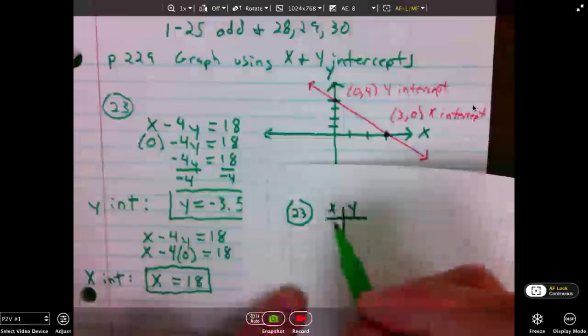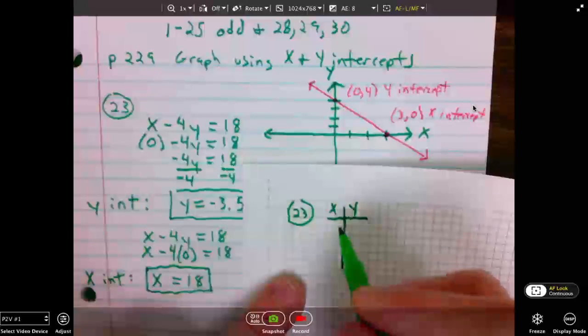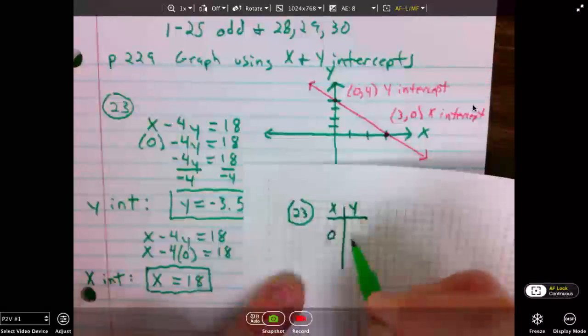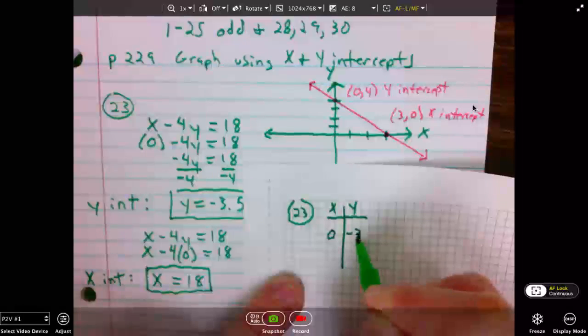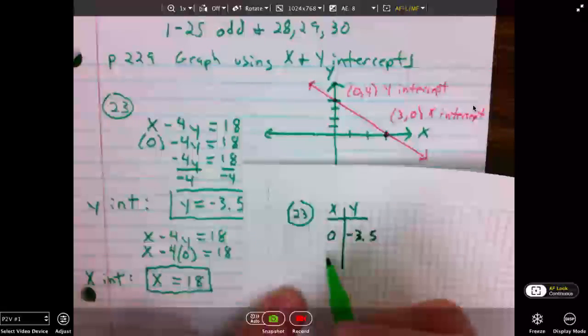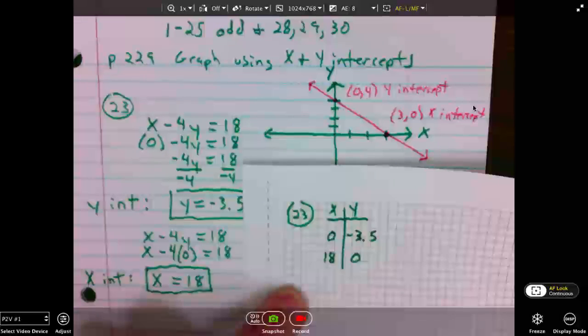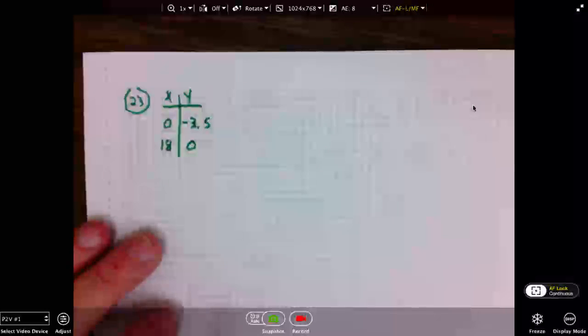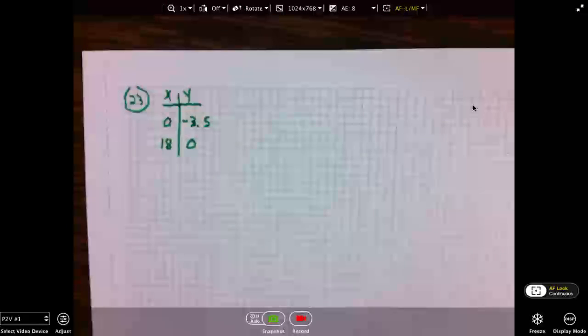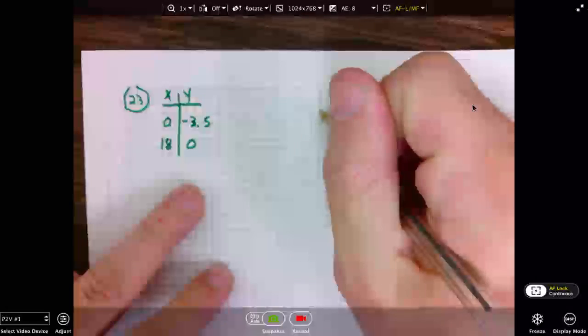We are graphing the points. 0 pairs with negative 3.5, that's the y-intercept, and 18 pairs with 0, that's the x-intercept. Drawing our coordinate plane.